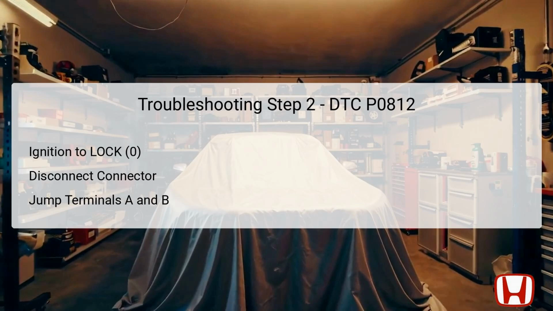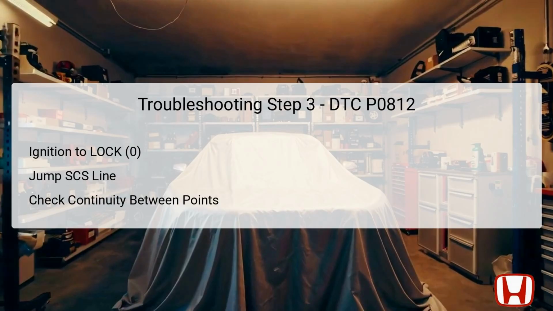Terminal A refers to the transmission range switch terminal number 9, white wire, and terminal B connects to the body ground. This creates a direct path for testing the circuit integrity of the ATR switch. Once the jumper wire is connected, the next step involves turning the ignition switch back to the on position to check for any signals from the ATR switch through the HDS.